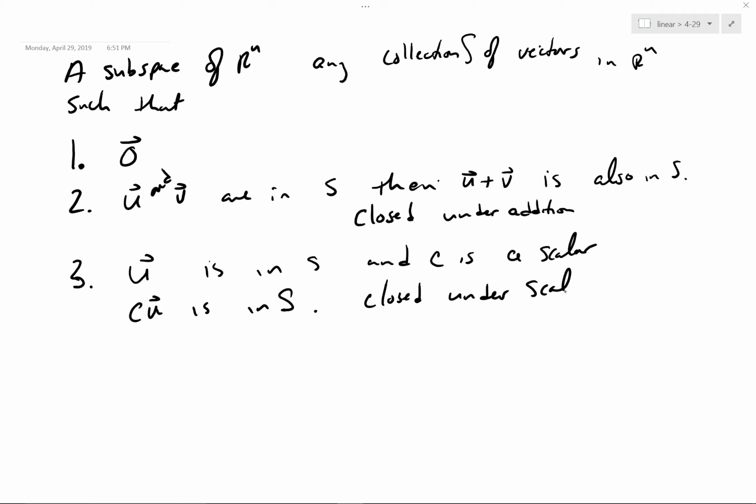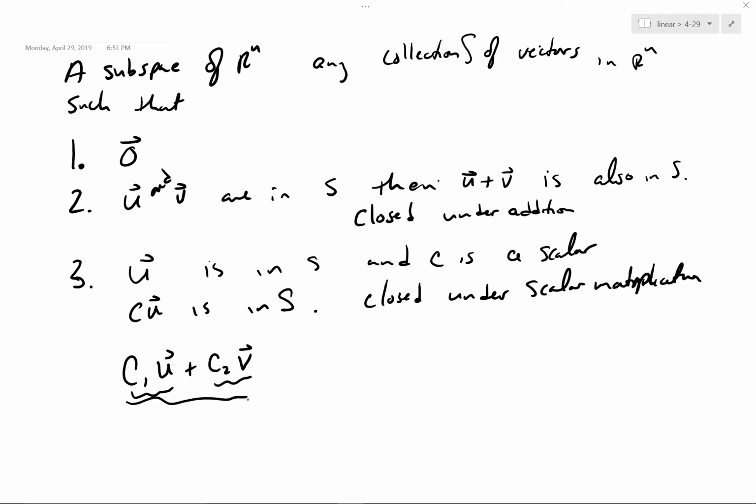What that really gives us the ability to do is take C1 times U plus C2 times V, and this will also be in S. Why? Because this is in S, this is in S, and the sum is also in S. That's what makes it neat.